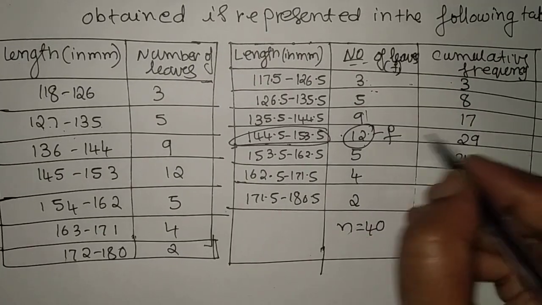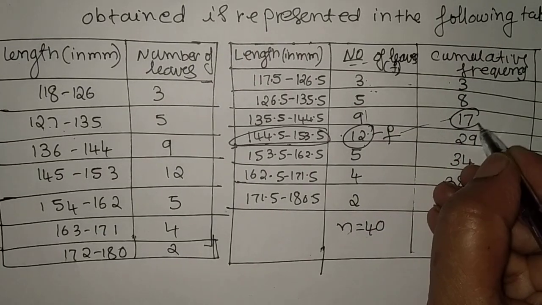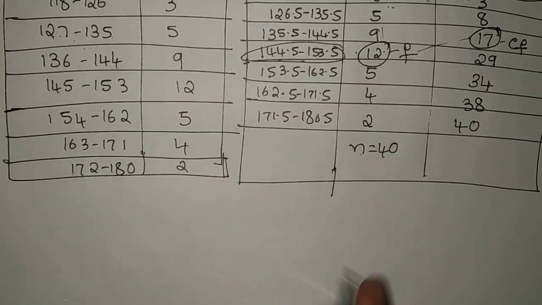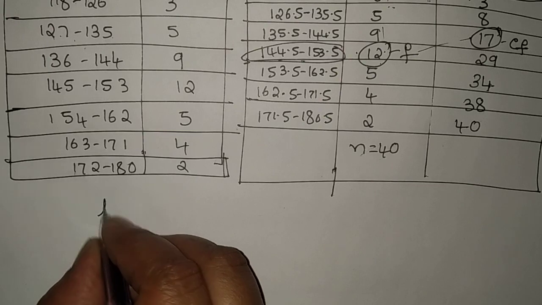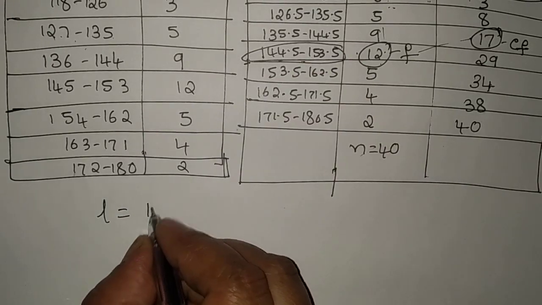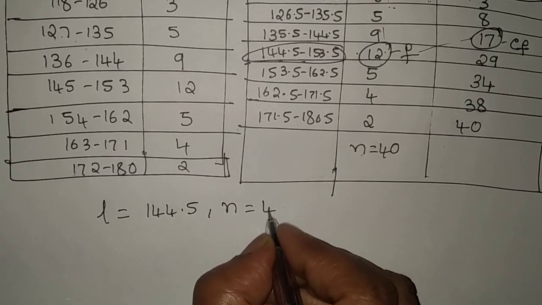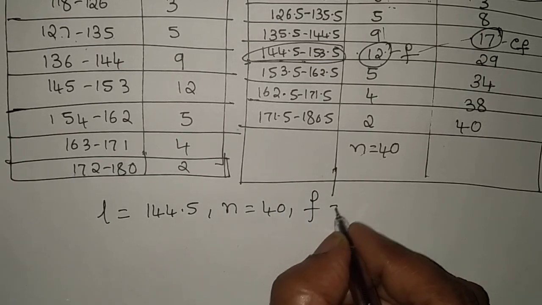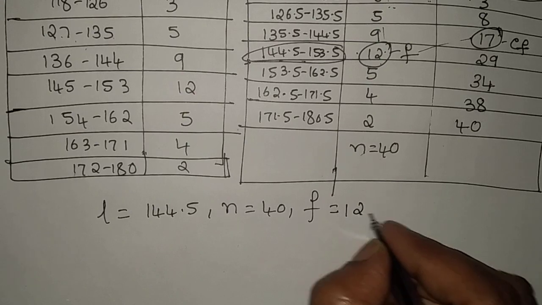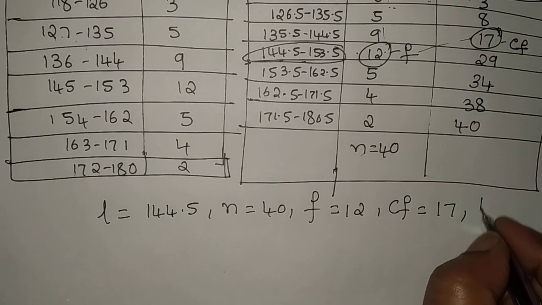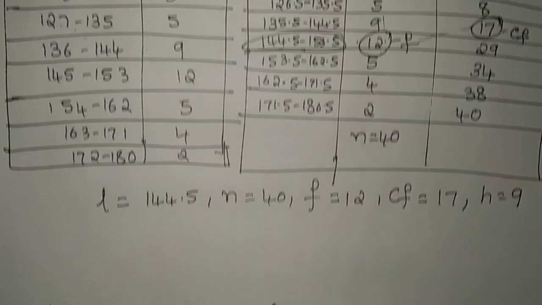So now cumulative frequency will be one above the frequency, that is this one is CF. Now N is 40. We'll take the values. L will be, that is maximum class interval, N will be 40, then f will be 12, CF is equal to 17, then h is equal to 9.